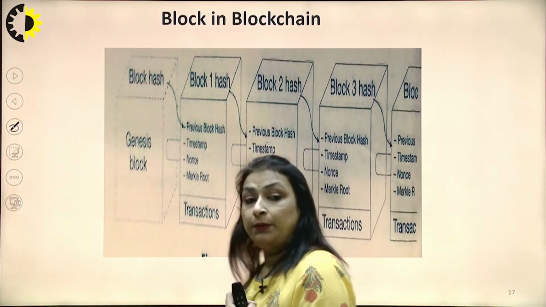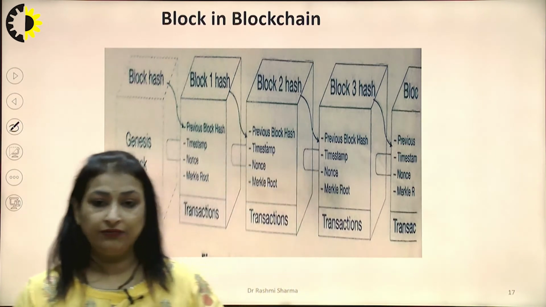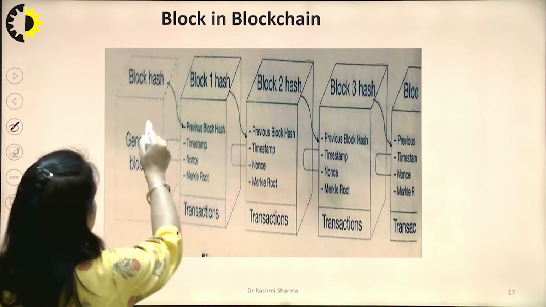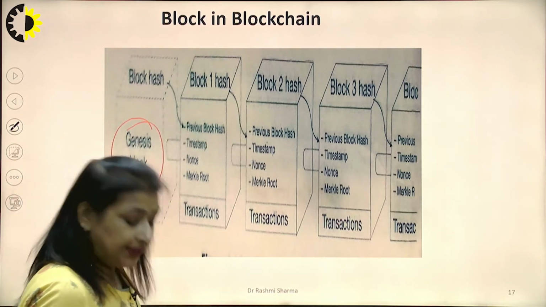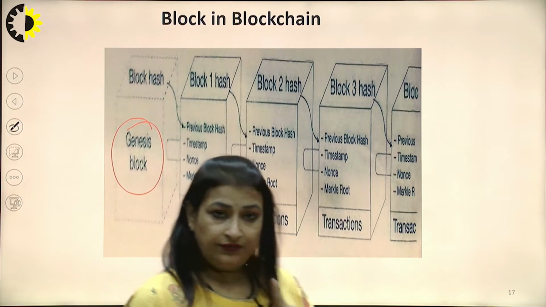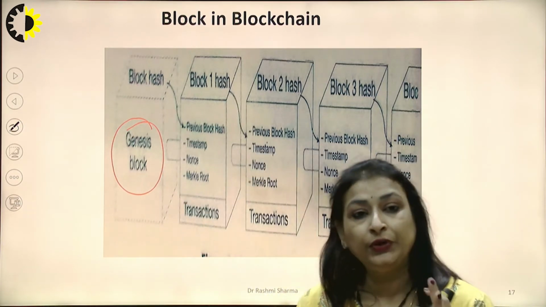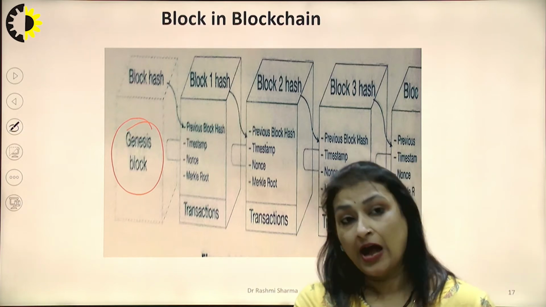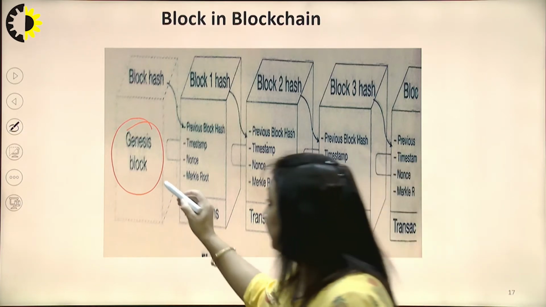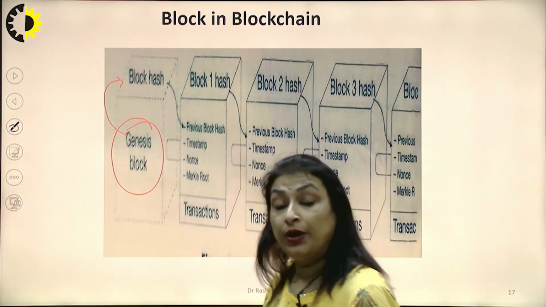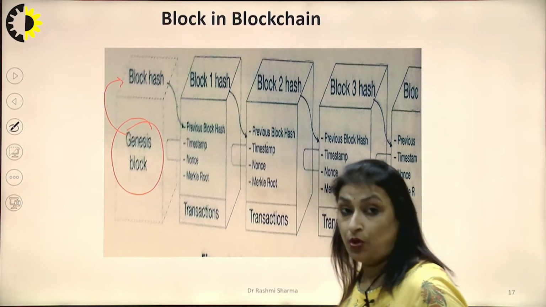Every blockchain should have a starting point. So the first block in the blockchain is called the Genesis block. The Genesis block is usually the first block where we don't have all those things, because we don't have the previous hash values here. So this Genesis block only has the hash of this first block.